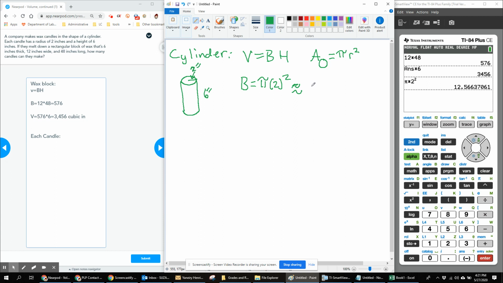So we want to leave more decimal places than we really want to keep in the end. 12.566 is way more precision than I actually need. But that way I'm not going to throw myself off, because if I just round that to 12, or to 13, I might mess up my final answer.